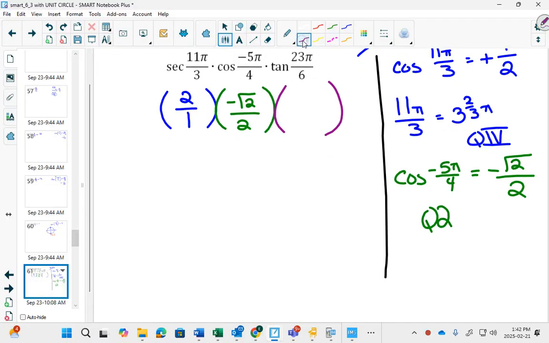And finally, purple. Tan of 23 pi over 6. Well, 23 pi over 6 is 3 5/6 pi as a mixed fraction. So I know that it's going to end in quadrant 4.